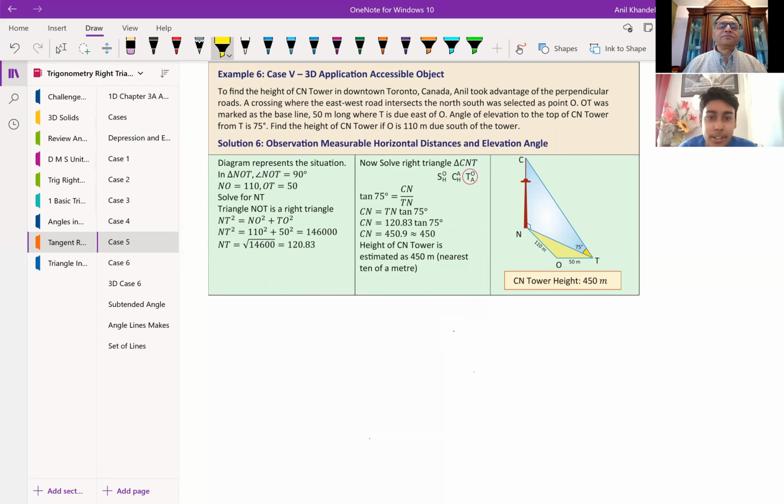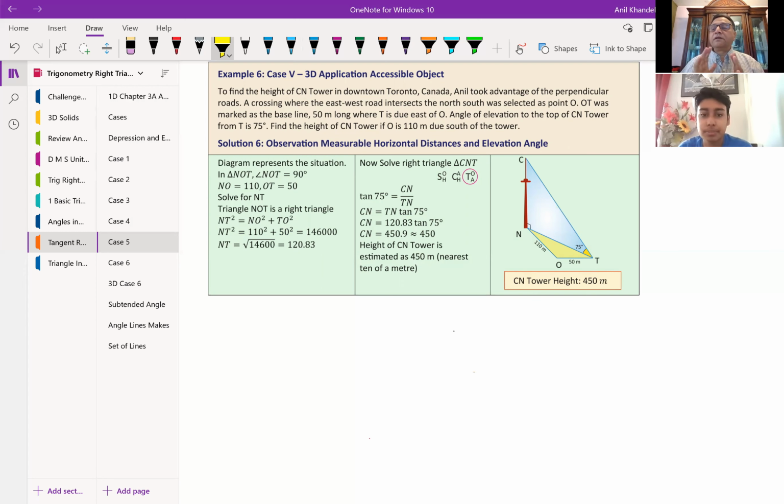A crossing where the east-west road intersects the north-south road was selected as a point O. OT was marked as the baseline, 50 meters long, where T is due east of O. The angle of elevation to the top of the CN Tower from T is 75 degrees. Find the height of the CN Tower if O is 110 meters due south of the tower.